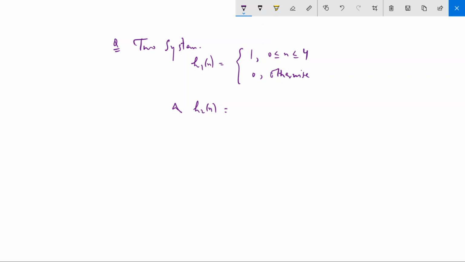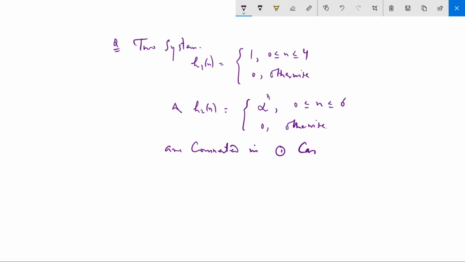and h2[n] is equal to alpha raised to the power n between 0 and 6, otherwise 0. Okay, the two systems are connected in cascade.